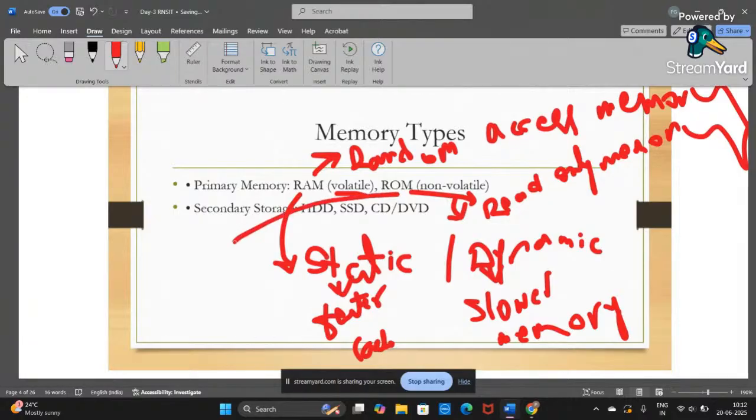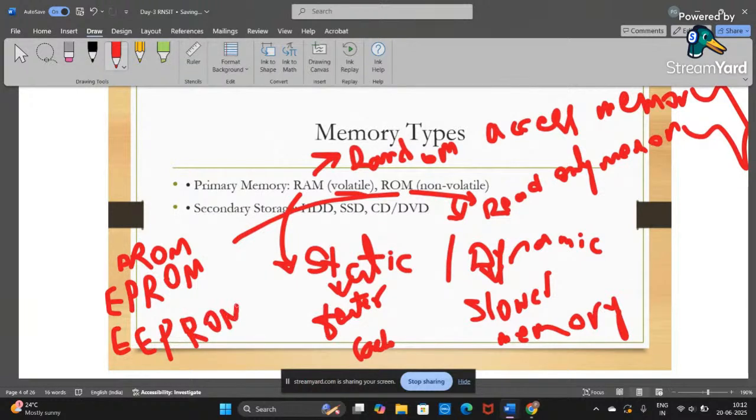And in ROM, we have PROM, EPROM, EEPROM.